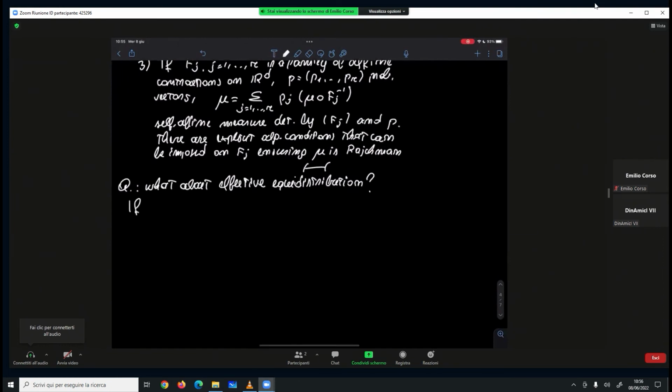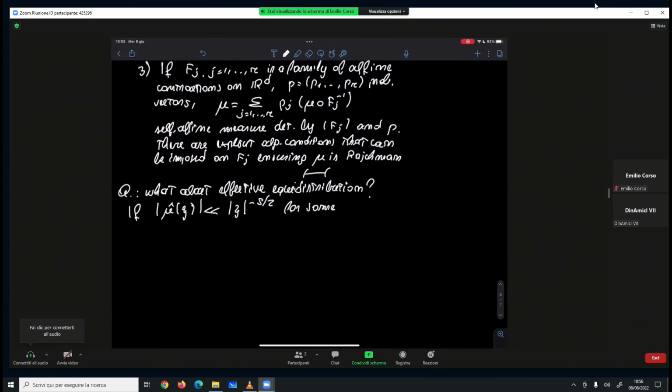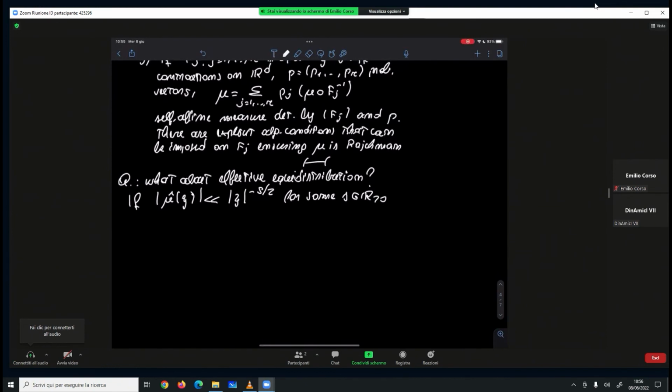So if I have a Fourier decay of this type, so if mu hat of psi decays like psi to the minus s halves for some s, the reason why I'm dividing by 2 is well known to people knowing a bit of fractal geometry, but it will become clear in a moment, then the corresponding rate transfers to the equidistribution.